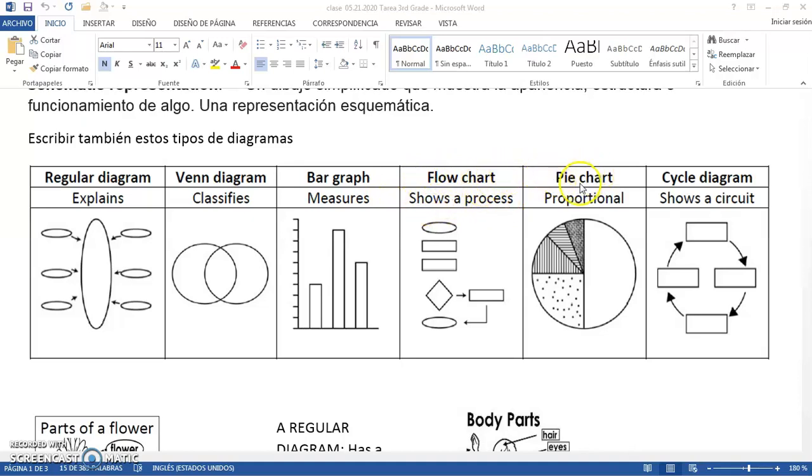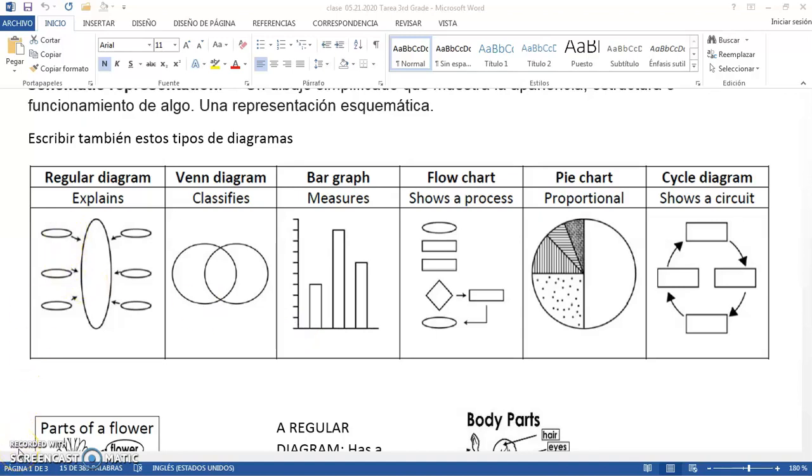The pie chart is quite similar to the bar graph but shows proportions of a whole. Partes de un todo. And the cycle diagram shows you a circuit. So we're going to explain every one in detail, but first copy all these 6 squares.